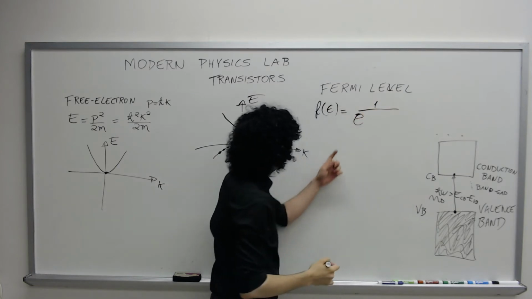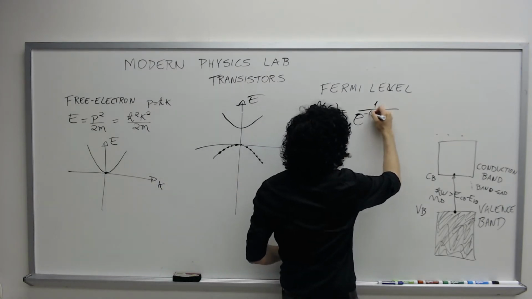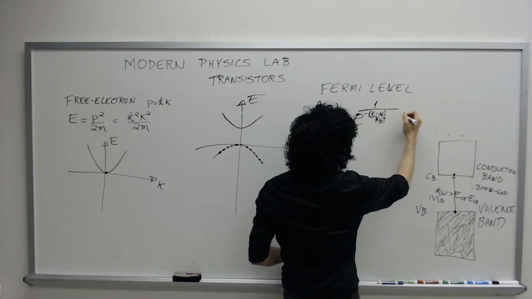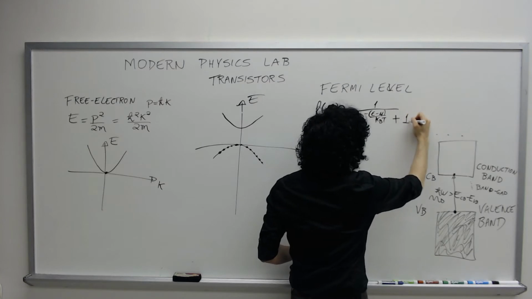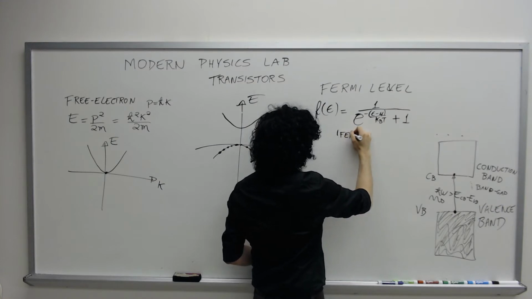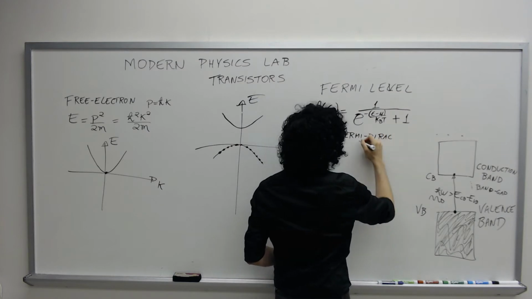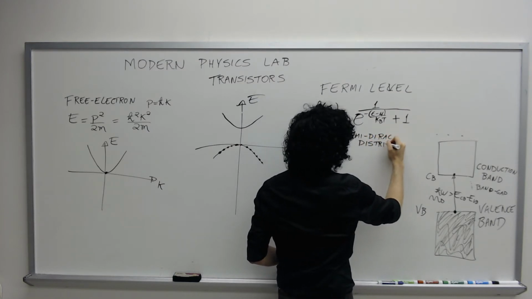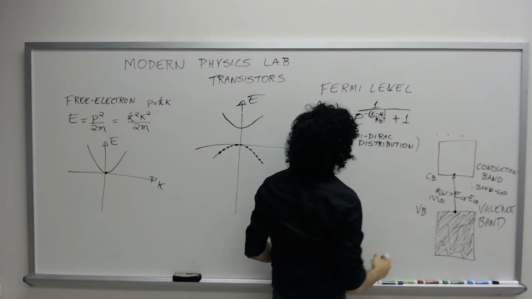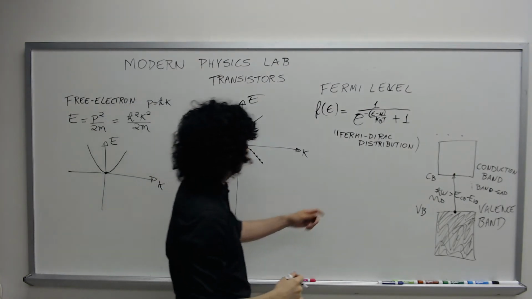The probability of finding an electron with energy epsilon is 1 divided by e to the power of epsilon minus mu divided by kBT, plus 1. This is the Fermi-Dirac distribution.